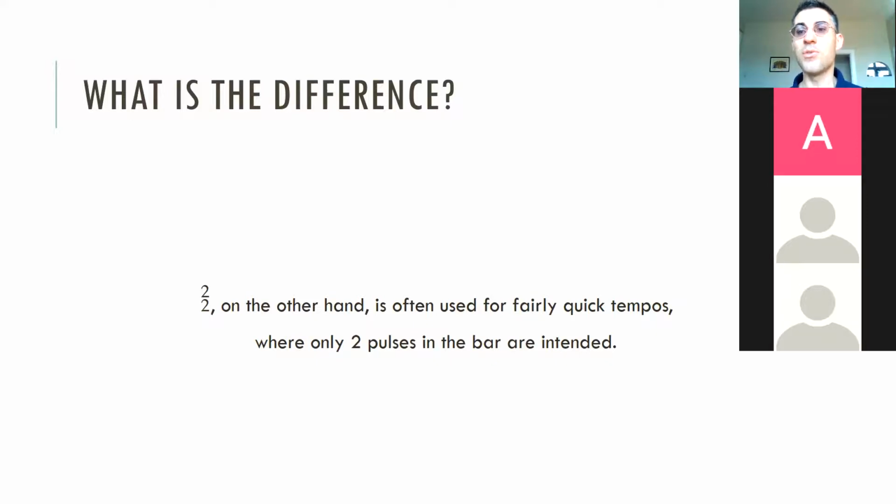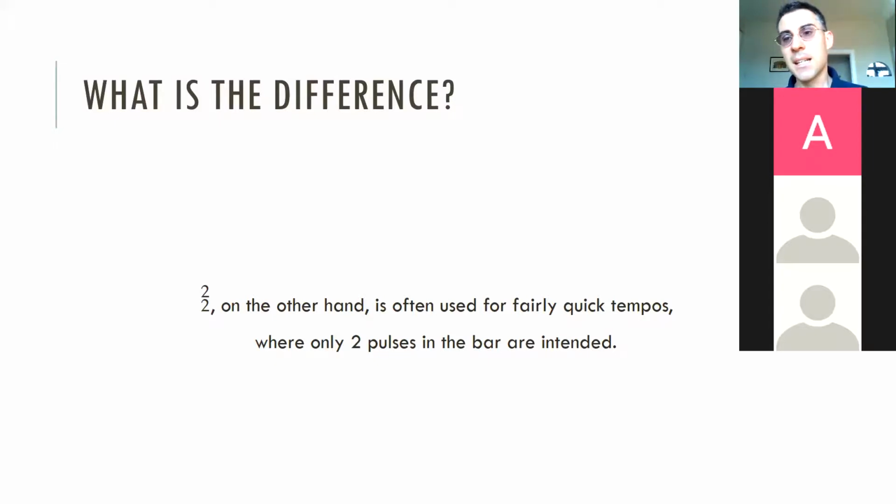2/2 is usually used for very fast tempos, quick tempos, where the composer only wants 2 pulses to be heard. So if we were going to go like this, 1, 2, 3, 4, 1, 2, 3, 4, 1, 2, 3, 4, 1, 2, 1, 2, 1, 2. Now there are 2 pulses, 4 beats, 1, 2, 3, 4, 1, 2, 3, 4. But the pulse, 1, 2, 1, 2, is quite fast.